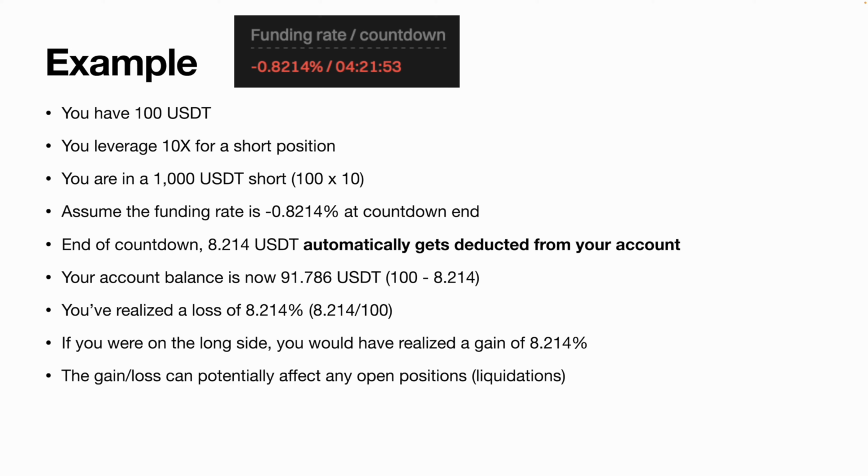This means that of your initial 100 USDT that you had, you lost 8.214 USDT, and now you have 91.786 USDT in your margin balance. However, if you were on the long side, you'd have 8.214 USDT added to your balance.